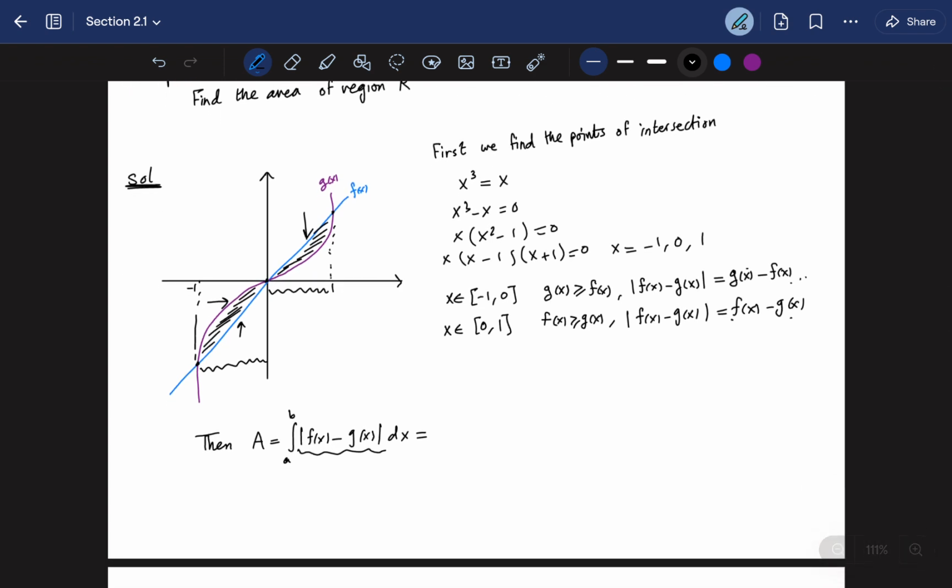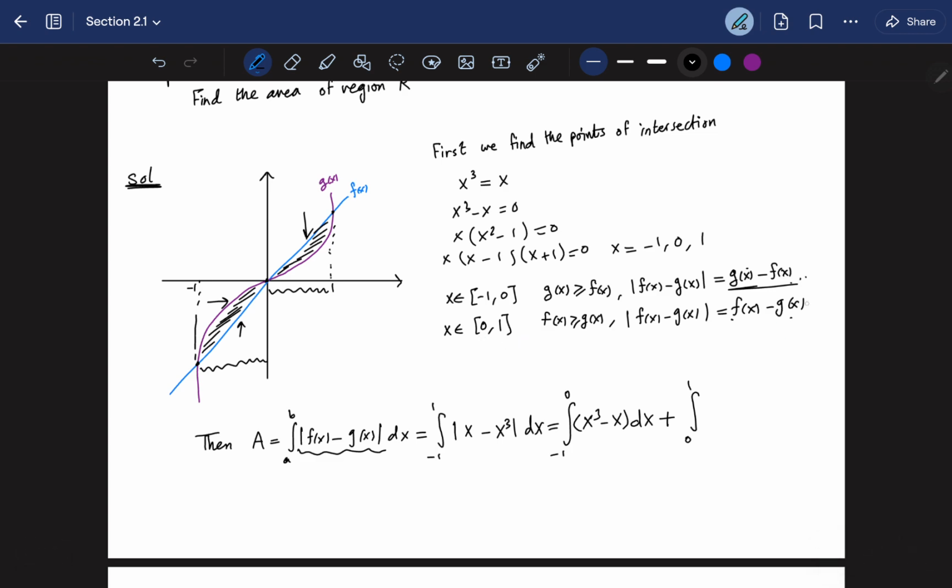So now, to write it as an integral, if I want to integrate from -1 to 1, the absolute value of my function x minus x cubed dx, I can easily divide it into two intervals, from -1 to 0. And then we said that from -1 to 0, the absolute value is just g minus f. So that would be x cubed minus x dx plus the second integral from 0 to 1.